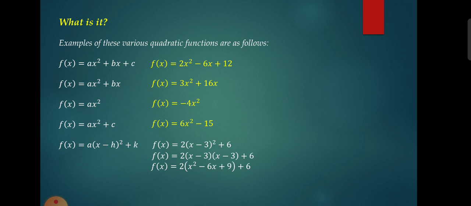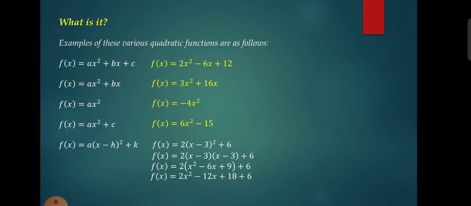Outer, x times negative 3 is negative 3x. Inner, negative 3 times x is negative 3x. So two negative 3x make negative 6x. And last, negative 3 times negative 3 is positive 9. So we get x squared minus 6x plus 9 inside the parenthesis. Then the 2 stays outside, then bring down plus 6.